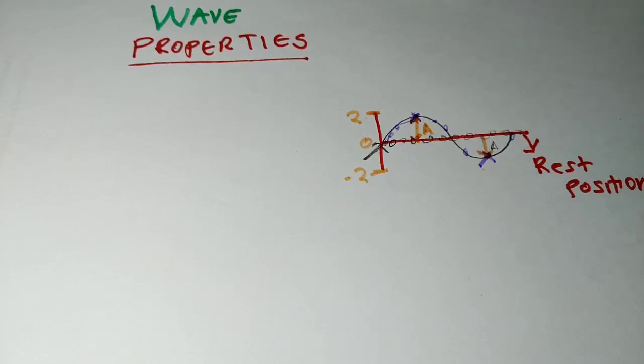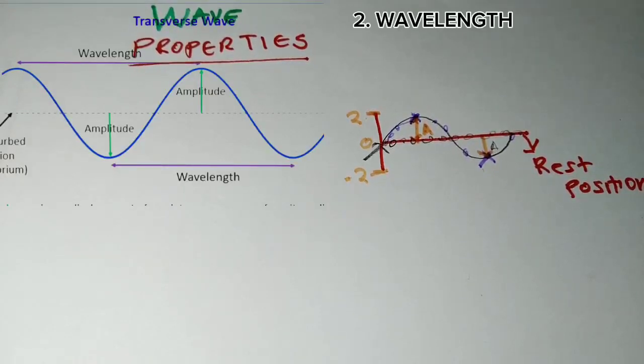So we'll go over to the next property, which is the wavelength. Back to the same picture we had here, we can see that we have a wavelength labeled there. Now a wavelength, we define it in so many ways.